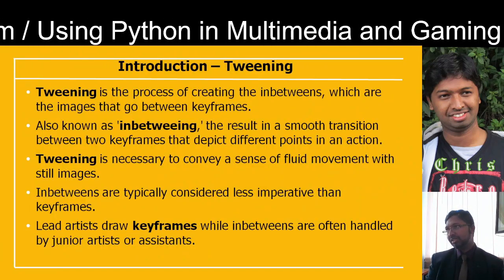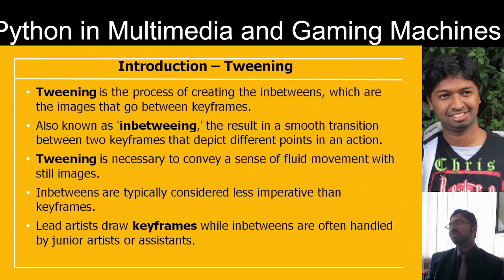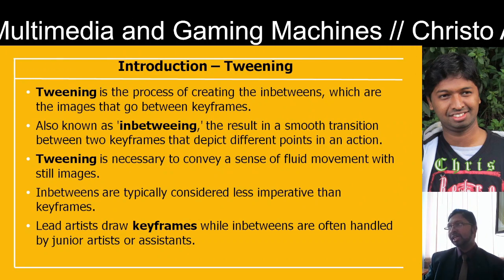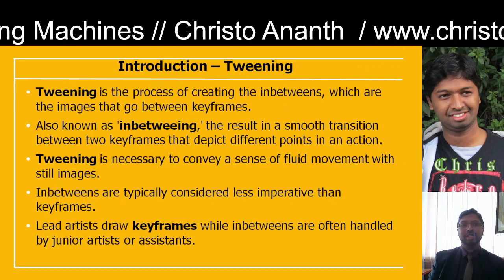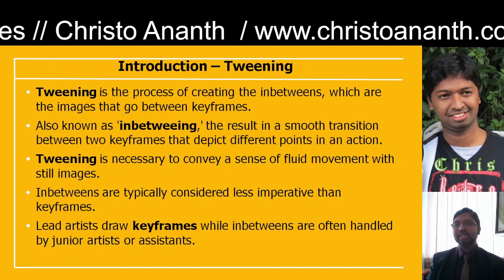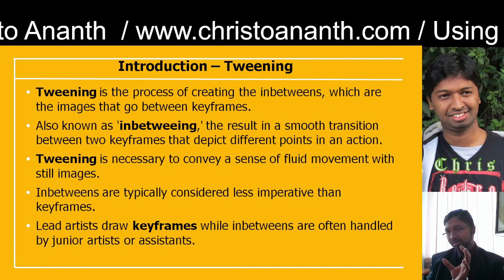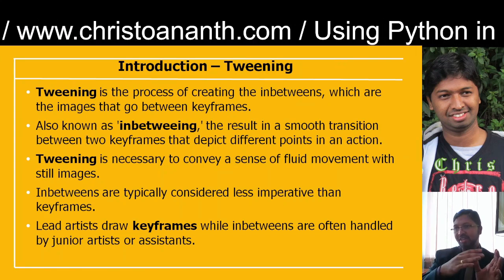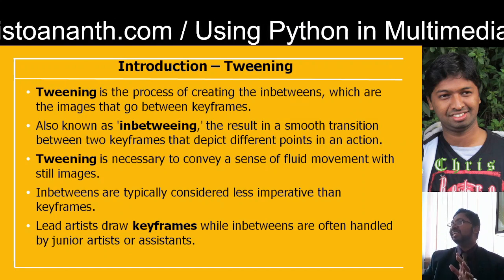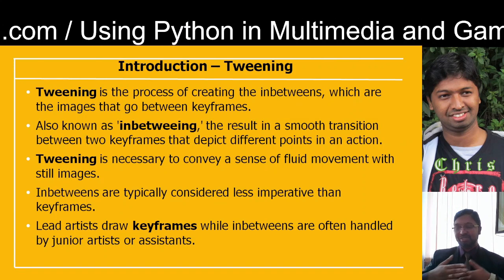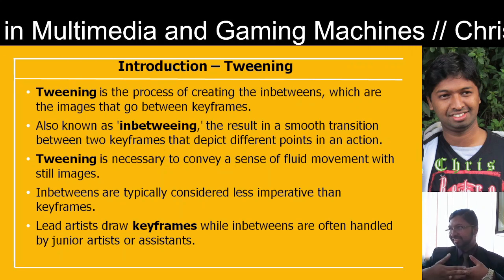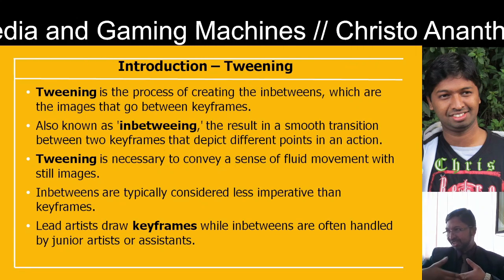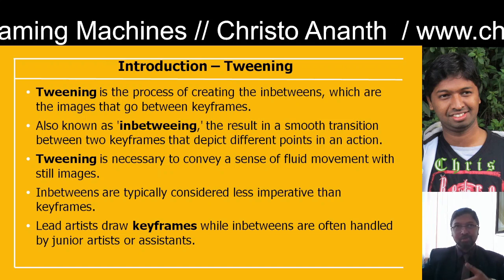So this is tweening. Tweening means you are going to create the in-betweens between this and this, which are nothing but the images that go between the frames. For example, if I want to create an animation from here to here, that is in between what you are going to create.